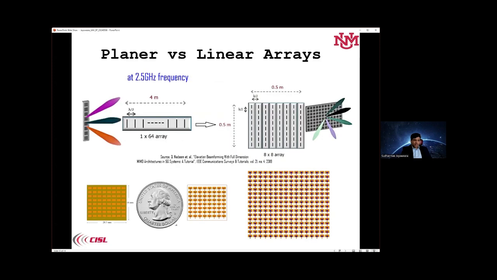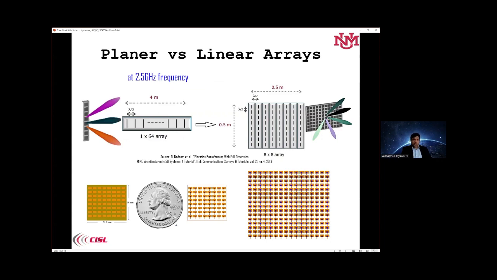For example, here, as you can see, rather than using one uniform linear array for the 64 array, if you use an 8 by 8 planar array, then you're going to have only half a meter by half a meter dimension at 2.5 gigahertz.